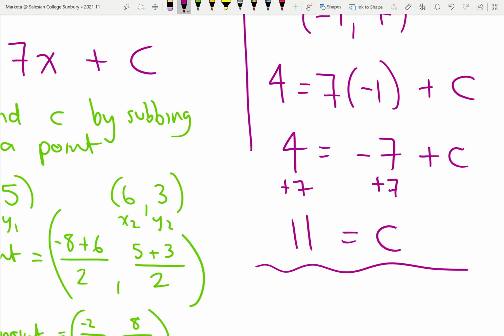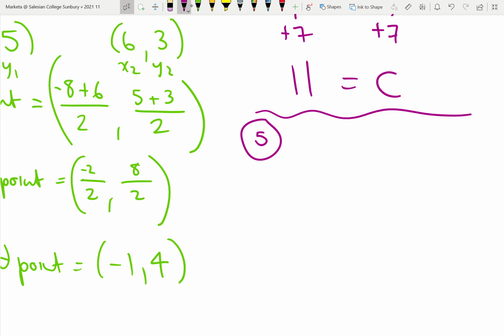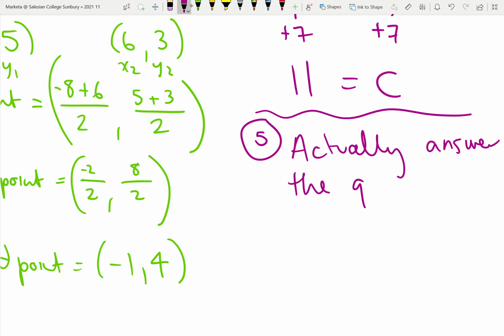So our final stage in any maths question is to actually answer the question. And what I mean by that is to put all the information you have together, because your final answer, you want it to be in the form that they require and to include all the information we require.